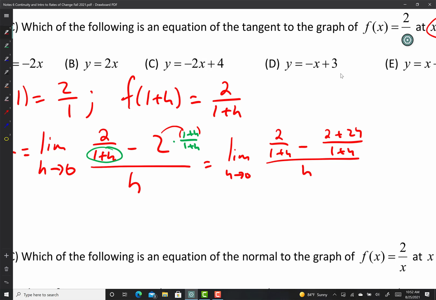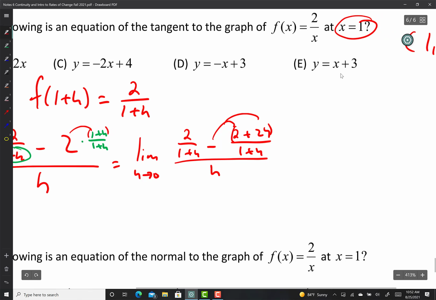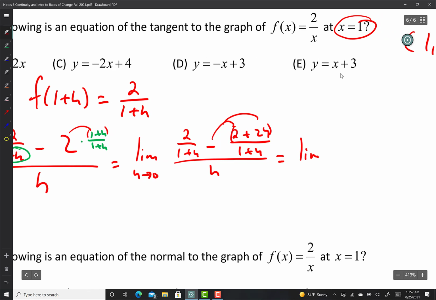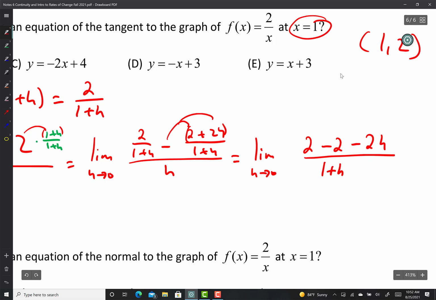Now I'm going to put this in parentheses so I can distribute that negative. So limit as h approaches 0 of (2 minus 2h over 1 plus h), with the h right there.